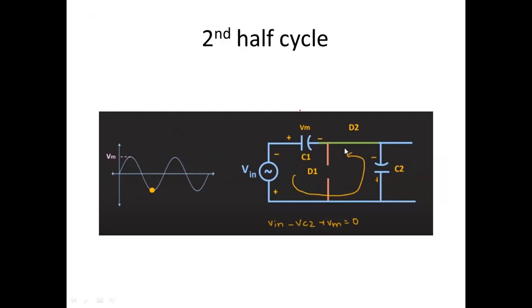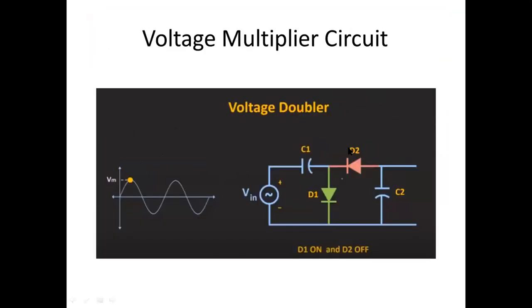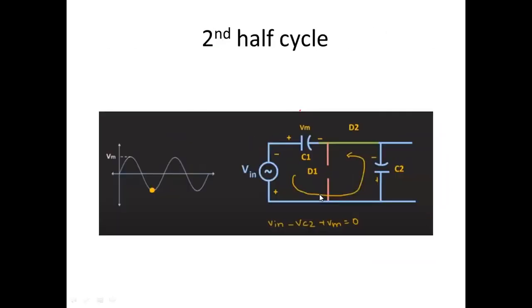Now D2 will be on and D1 will be off. So D1 will be open circuit now in the second half cycle, and D2 will be short circuited. The current will move through this, because now this is plus, this is minus.